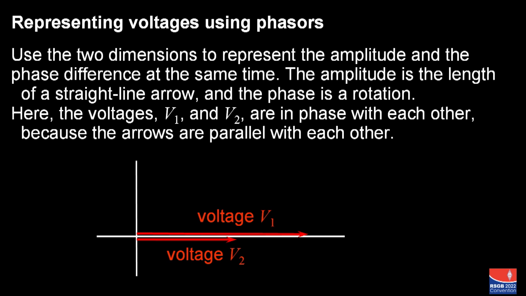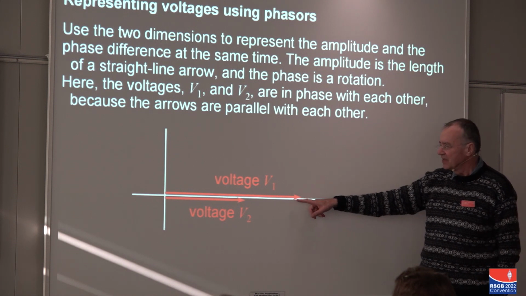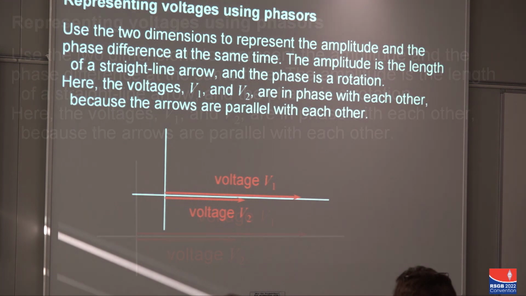Again, there are different voltages in different parts of the system, and different currents. These may all have phase differences with respect to each other. So here's my graphical representation. People might recognize these as phasors. Here is an arrow, and that represents the voltage V1. This voltage V1, you understand, is actually going at 10 million times a second.